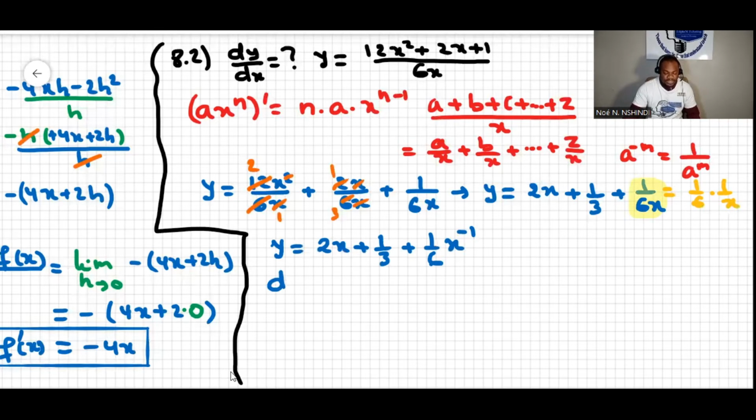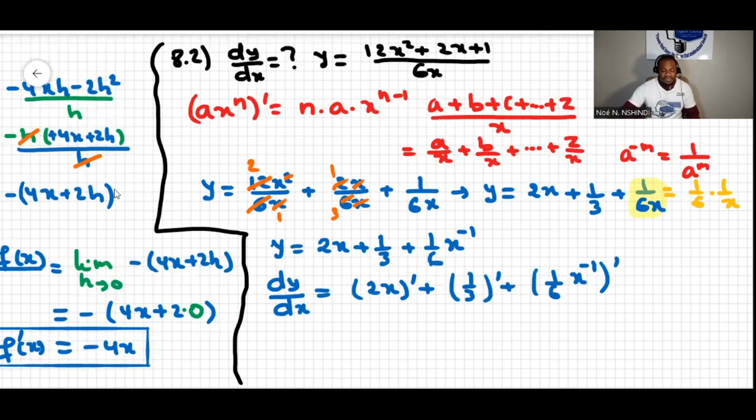We can work out dy dx. Okay, dy dx is the derivative of the function y. dy over dx means differentiate y with respect to x. So this will be the derivative of 2x plus the derivative of a third plus the derivative of 1 over 6 x to the negative 1. Now remember, applying this formula, if you don't see any exponent, understand that it's 1. This will be just 2, because 1 times 2 is 2.